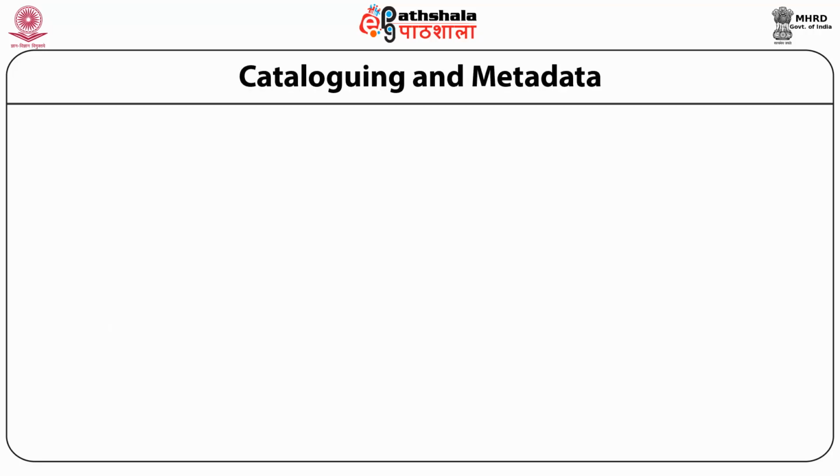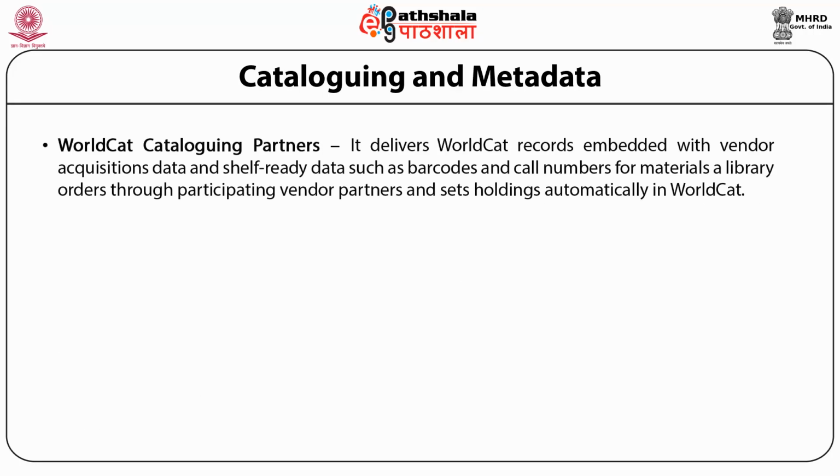services. It has the WorldCat Cataloging Partners concept. Under that partnership concept, WorldCat records embedded with vendor acquisition data and shelf-ready data such as barcodes and call numbers for material a library orders through participating vendor partners set holdings automatically in WorldCat.